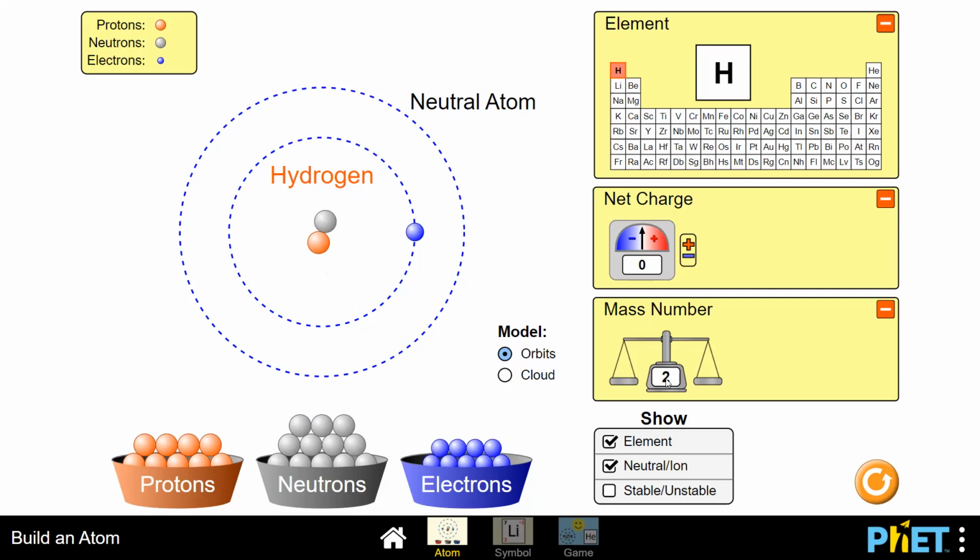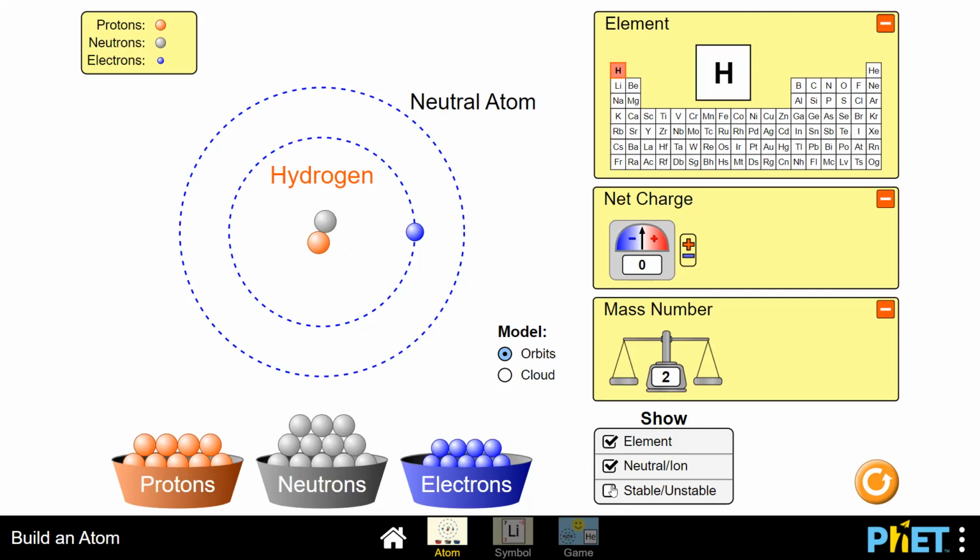Notice mass number is 2. If we remove the neutron, mass number is 1. So this is regular hydrogen. But with the neutron, it becomes deuterium, which is an isotope of hydrogen.